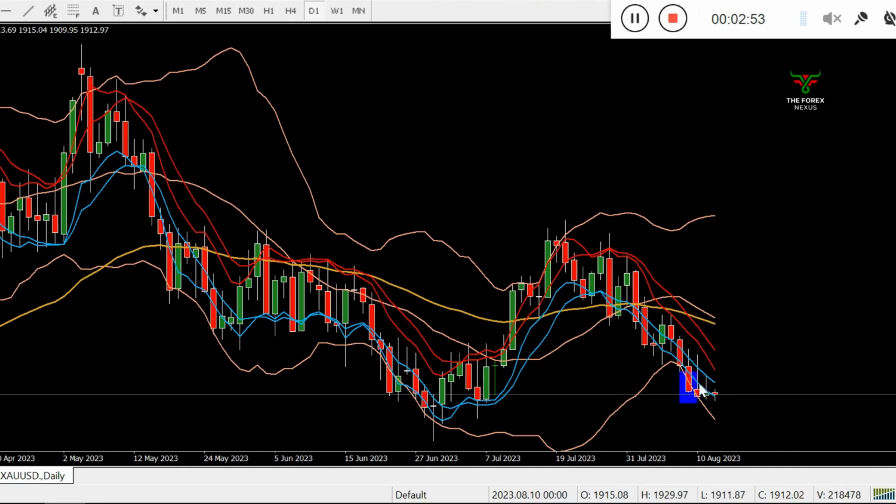If we have momentum here, it means that we can wait for the re-entry. So before making any decision, you need to focus on three things.